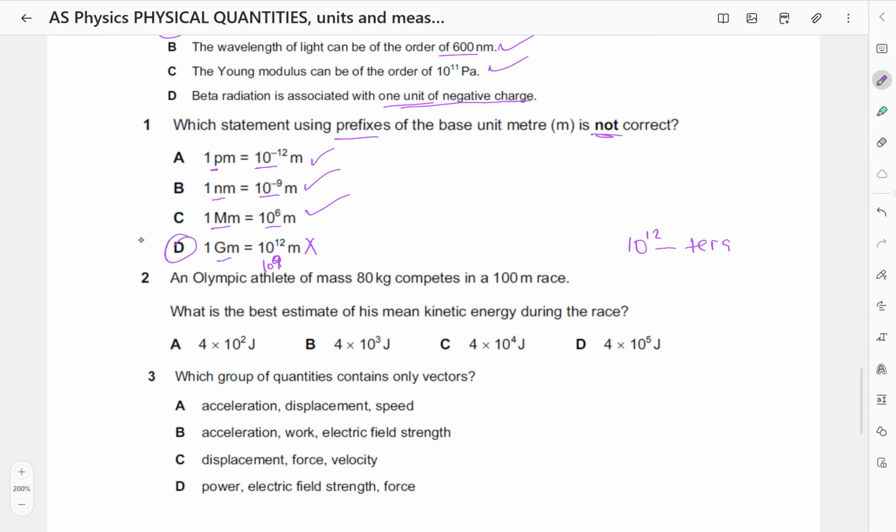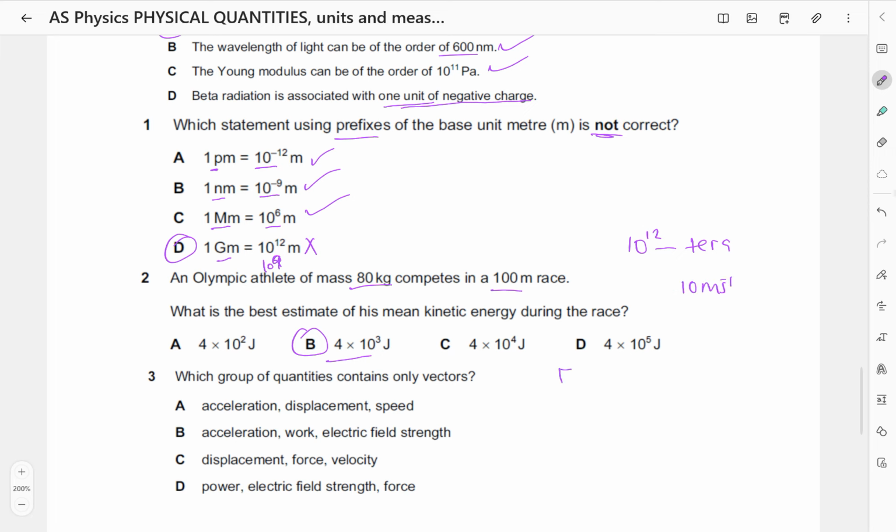Terabyte, megabyte, gigabyte. An Olympic athlete of mass 80 kilograms competes in a 100-meter race. What is the best estimate of his mean kinetic energy during the race? You can estimate. If the mass is 80 kilograms, I know the athlete can run at approximately 10 meters per second.